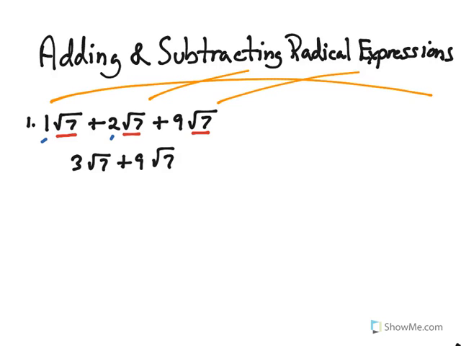And then we can go ahead and combine 3 and 9, which will give me 12 radical 7. And we can't simplify that anymore, so this will be the answer. Okay, so let's look at another example.